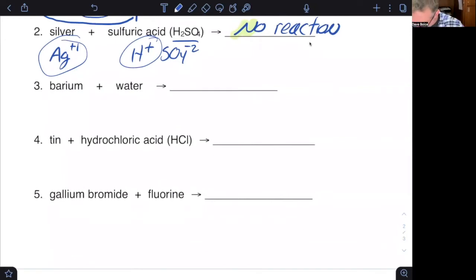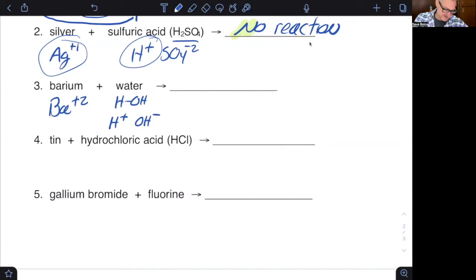Okay, barium. So barium, I'm going to look at my periodic table. Okay. And barium is element number 56. And barium forms a +2. And then water, I like to write water as H/OH, hydrogen hydroxide. And that splits into hydronium and hydroxide.